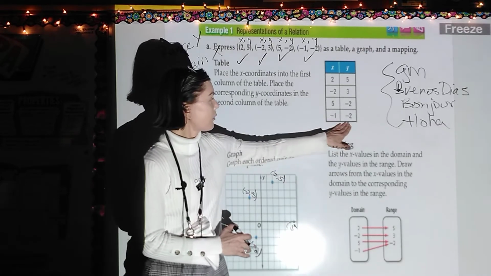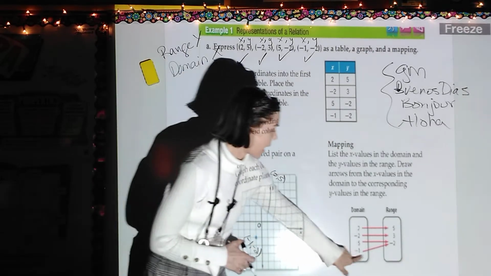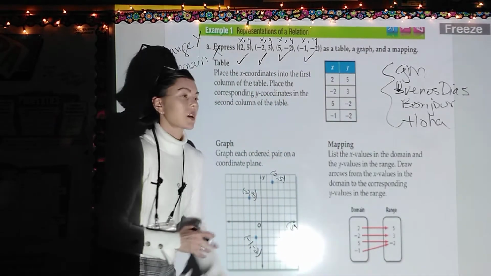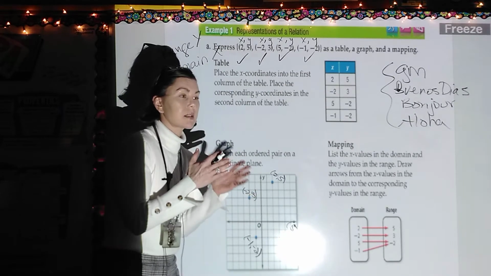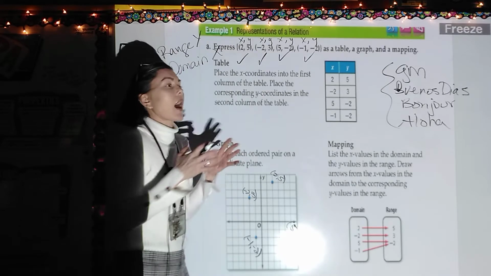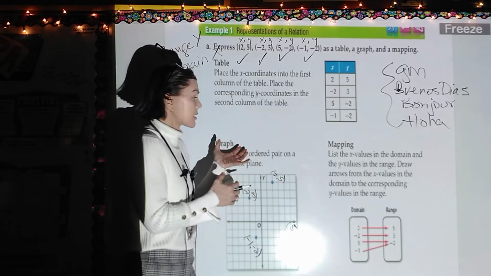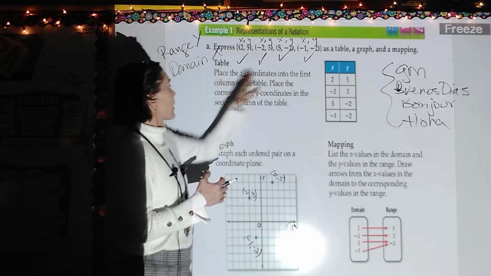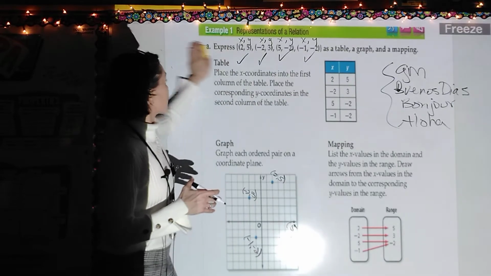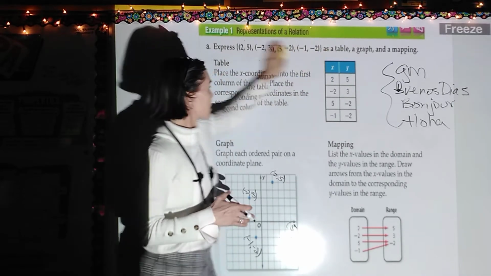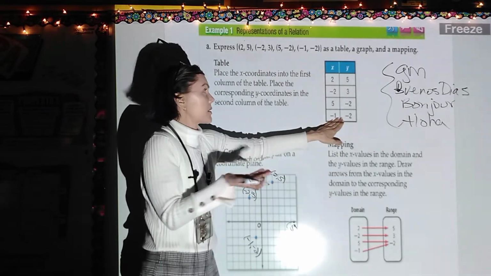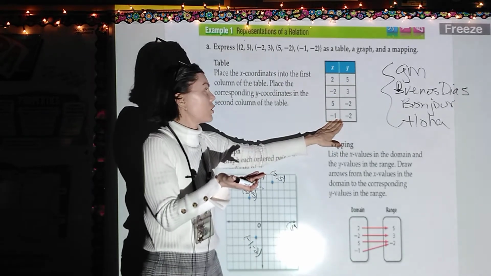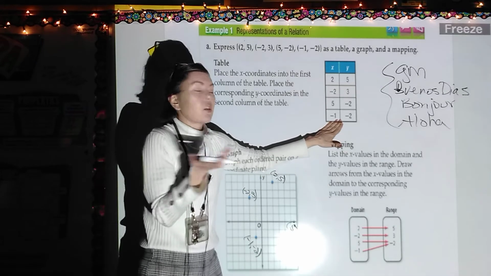And then finally, negative 1, negative 2. So I don't know if anyone has walked you through it exactly this way, but I would understand if you saw something like this and thought that this list of ordered pairs meant something different than what you see in this table, because visually they look completely different.